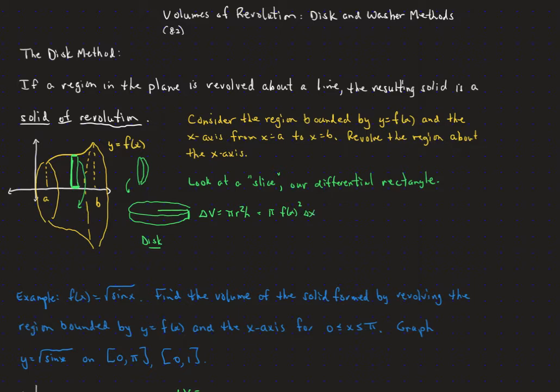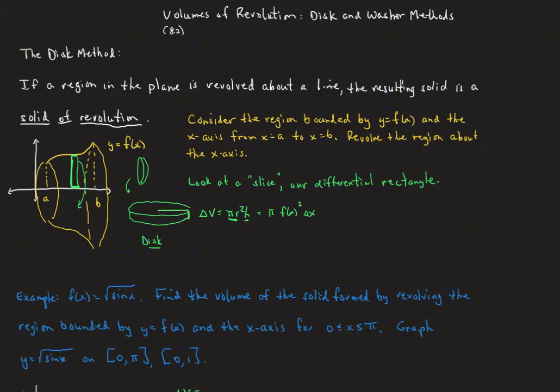In general, this is going to be part of a grander, larger scheme. Any of these slices that we look at in different contexts are going to be the area of the cross-sectional piece times delta x, or sometimes delta y if we revolve it around a vertical line.